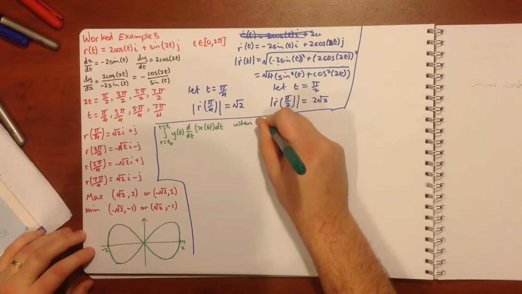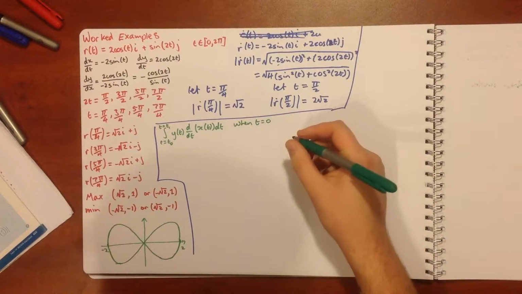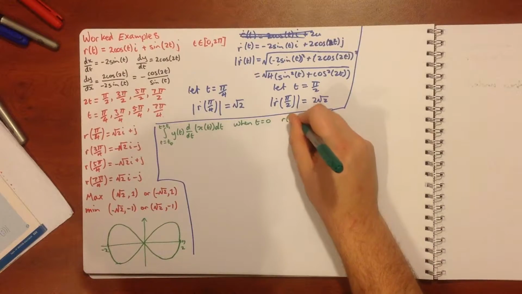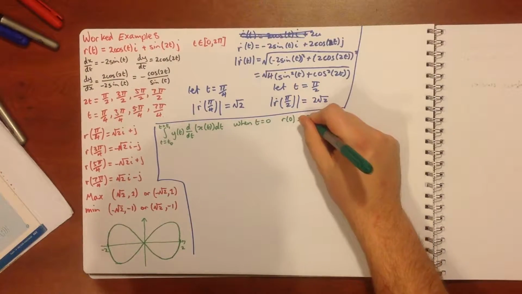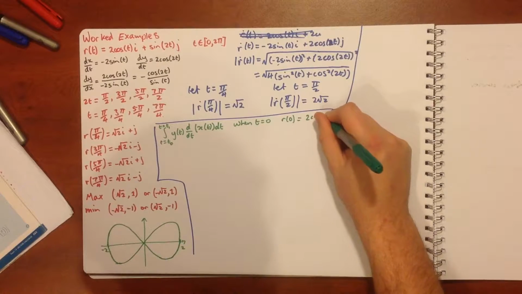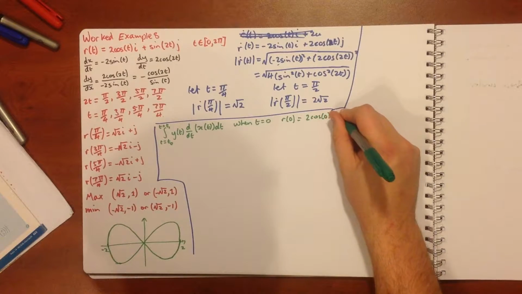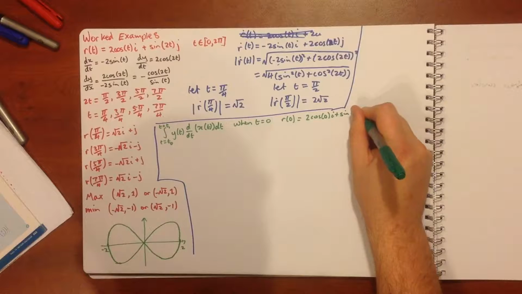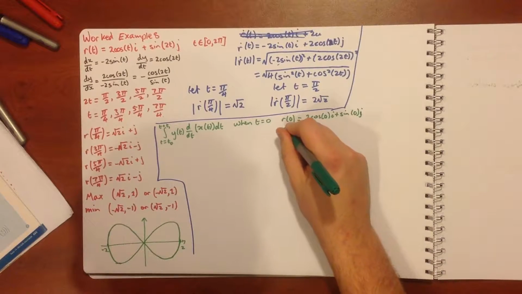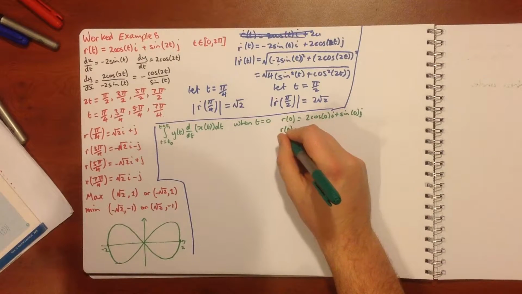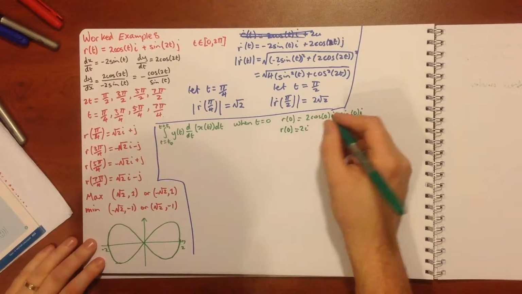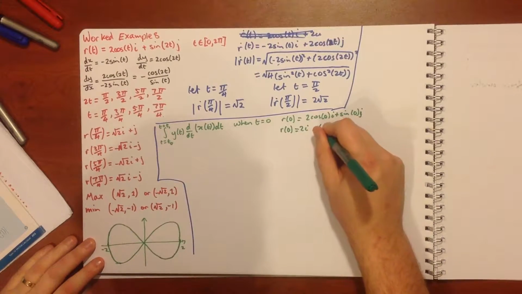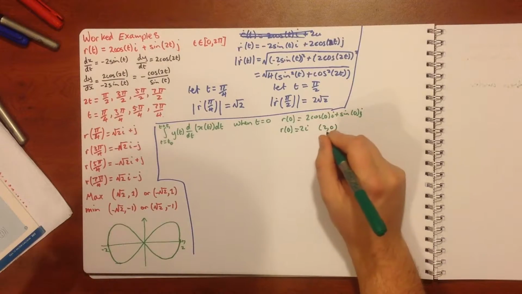When t equals 0, we can say our r of 0, our position vector up here, is 2 cos of 0 i plus sine of 0 j. So r of 0 is going to equal simply 2i. So we know our coordinates then are (2, 0).